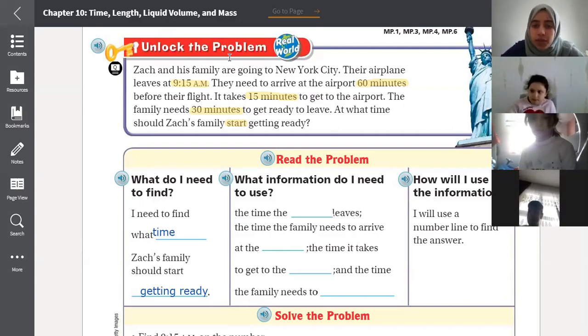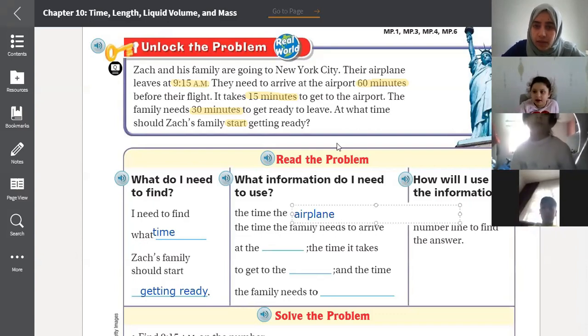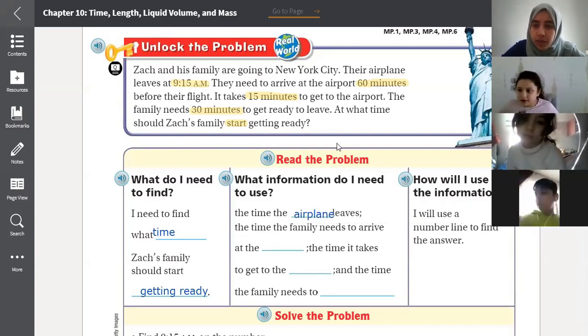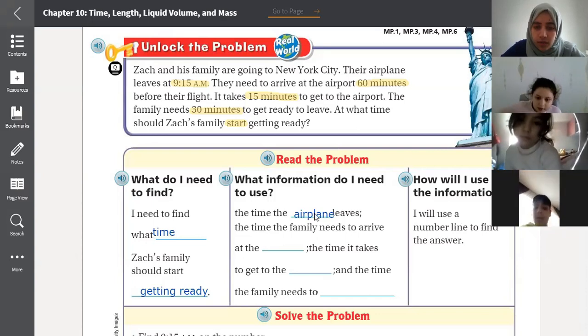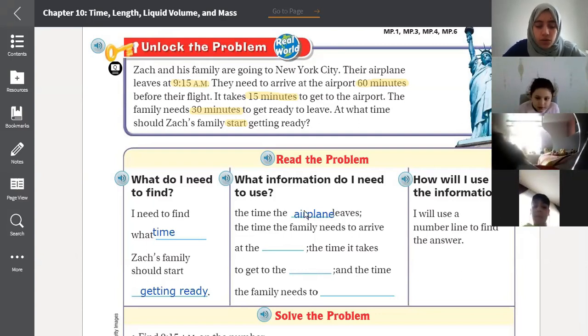So we need to write that the airplane leaves at 9:15. Okay? Airplane. Can you repeat that? The time that airplane leaves. Okay. So this is when the airplane is going to leave, 9:15.